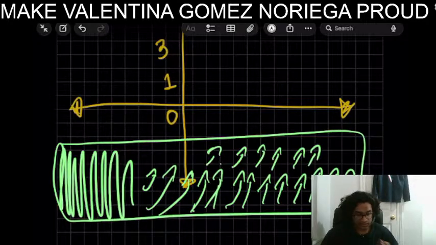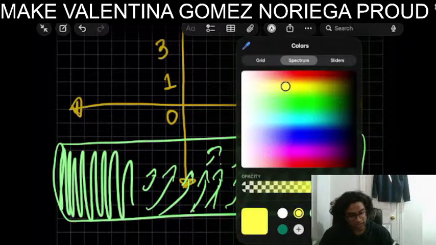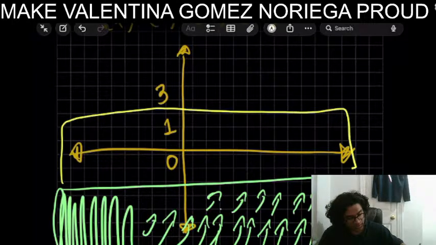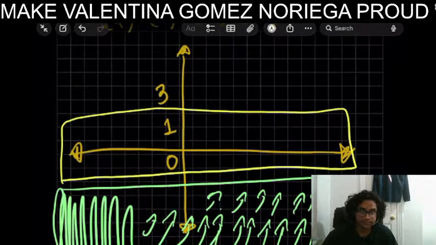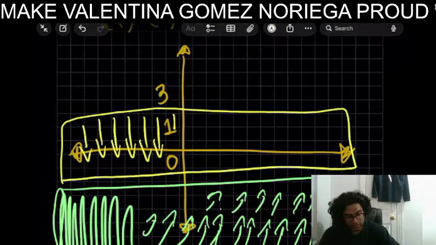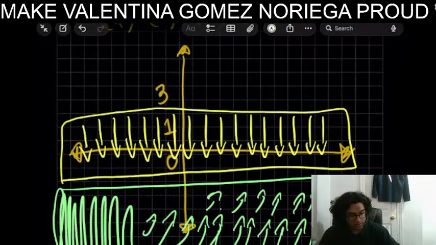Now anything in between 0 and 1, we know it will be a negative. So I'm going to have half going down. I may have overlapped 1 a bit, but that's completely fine.